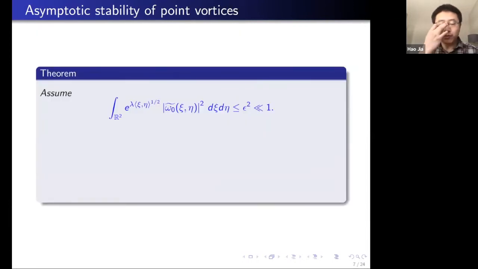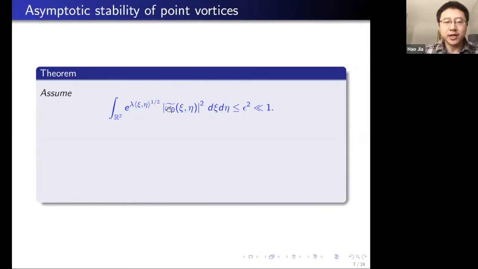So the main result we obtained was the following: assume that the initial vorticity perturbation is very smooth and small. It's small because we have a perturbation result. But it's also extremely smooth. In fact, here you see that it's Gevrey-2 regular.